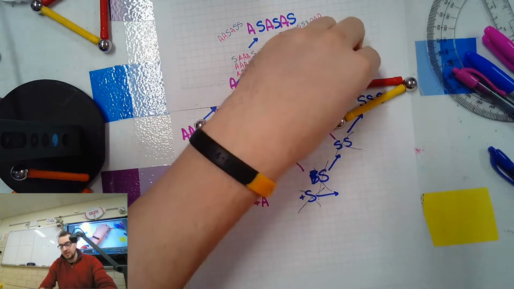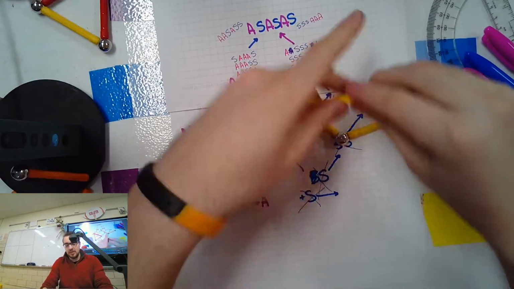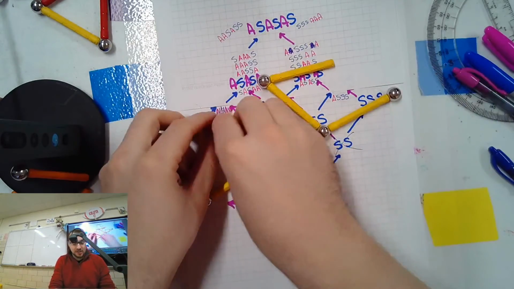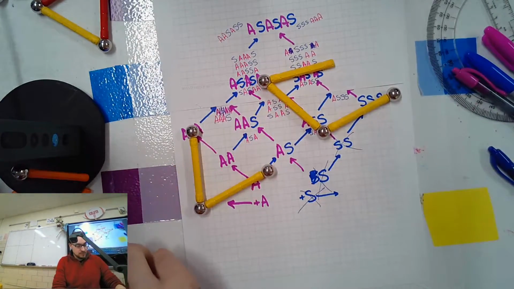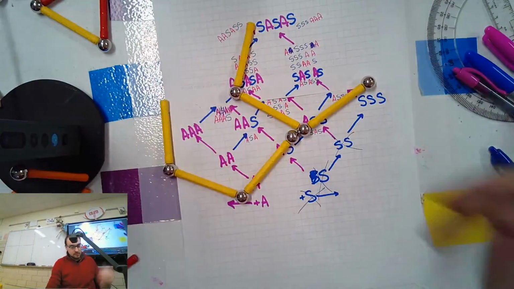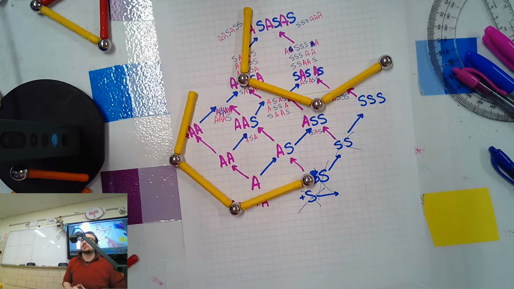What if I knew all three sides? Remember, all the sides and the angles have to be the same. So if I know three sides are the same, I don't know anything about angles. Is that enough to prove that these two triangles will be the same?